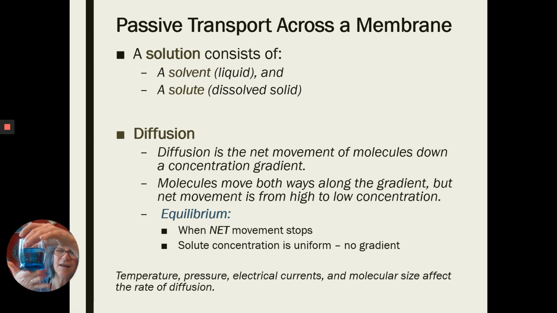So diffusion is probably happening pretty slowly now while I have this temperature difference. But as the temperature becomes uniform throughout, those molecules will start to move a little bit faster. And they will keep moving until we reach equilibrium, until all the molecules are evenly distributed. There's no gradient.